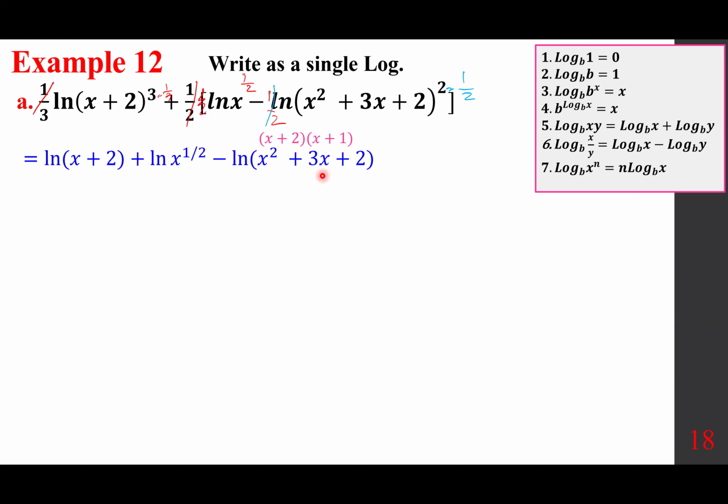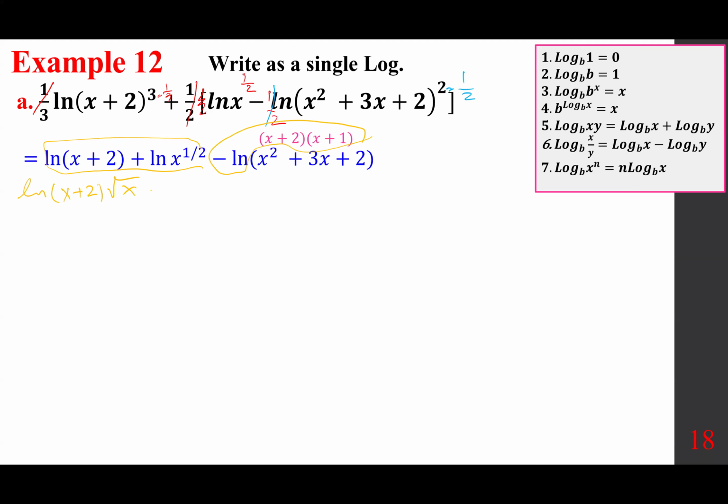In other words, you are going to get ln. Just to show you these two, you would get ln of x plus 2 times x to the power of 1/2. X to the power of 1/2 is square root of x. Now, this one is minus.